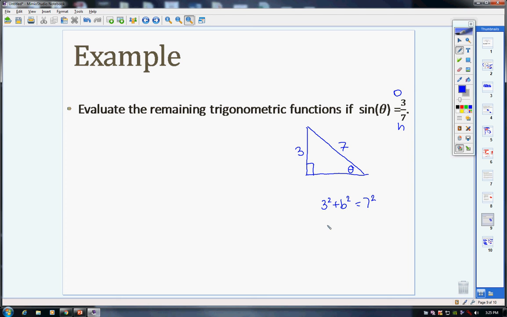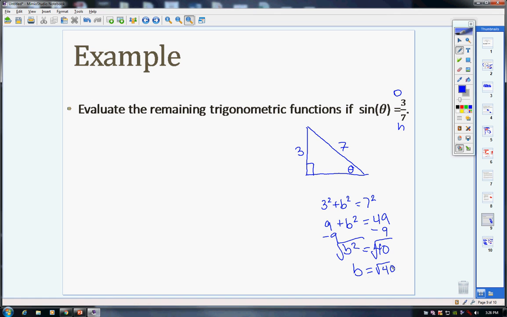In this case, we are not going to do decimals. We are going to do square roots. And so what's going to happen is I'm going to subtract 9. I'm going to get b squared equals 40. Square root both sides. And then I got to think about breaking down 40. I'm going to take the square root of 40 up to the top of my slide.